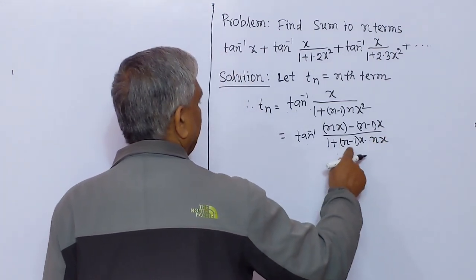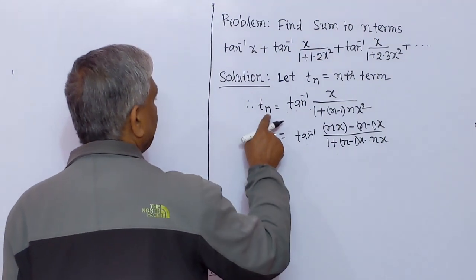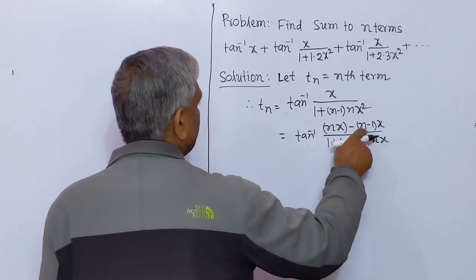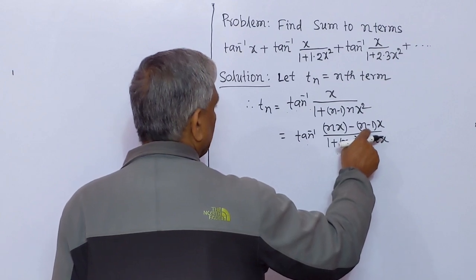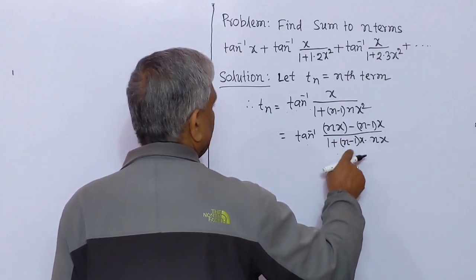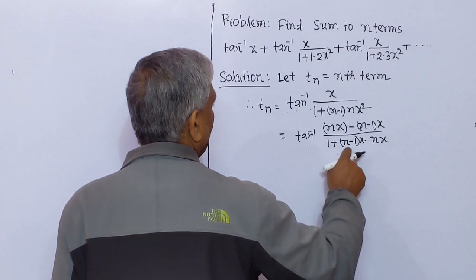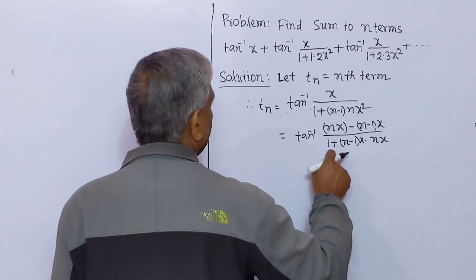This is n into n minus 1 x square. If we put n equal to 1, we get 1x minus 0 into x, that is x, and in the denominator we get 1 minus 1 0, 1 only.